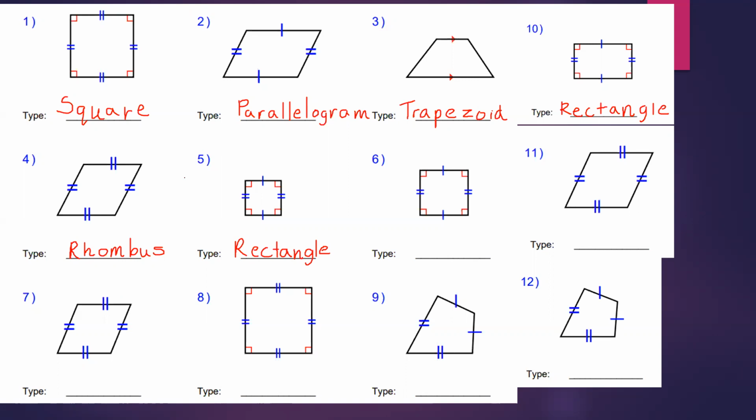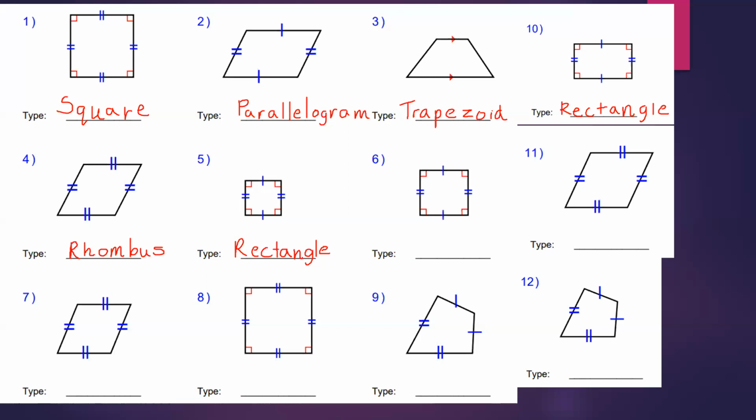Jeremy, what do you have for number 6? A rectangle? Why do you say it's a rectangle? Why not a square? This number 6 and number 5 look the same. But why is it not a square?